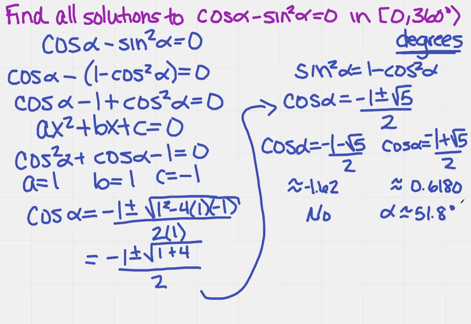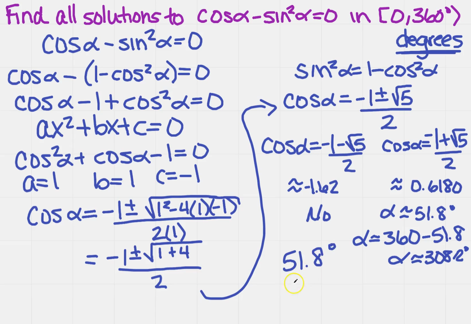And how do you find that other angle? Remember, for the other one, you take 360 minus what you just got, which is the 51.8. And so for that one, alpha is going to be 308.2. So my final answers are 51.8 degrees and 308.2 degrees.